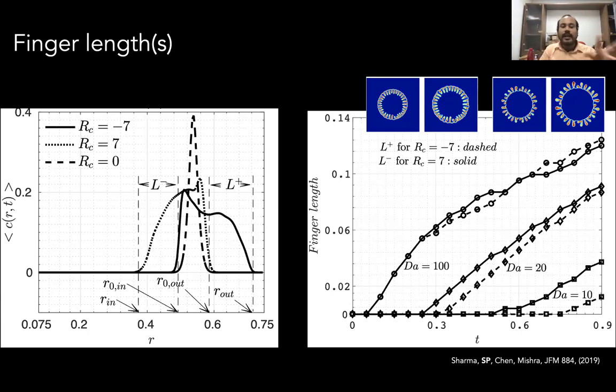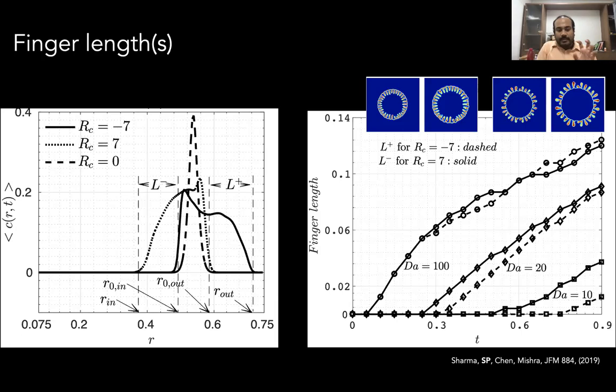So that's what we calculate, and we define the finger lengths. The finger going opposite to the flow direction, we call L minus, which is the finger length in one direction, and the other direction we call L plus, the other finger length. And then we use this information to quantify the onset of instability. Now, what do I mean by onset of instability?